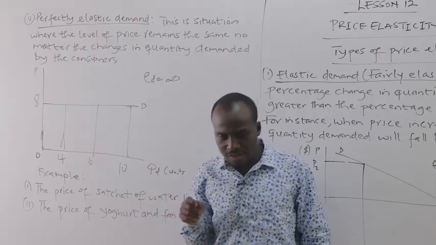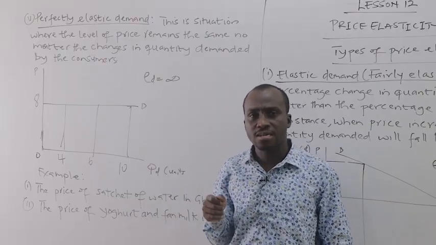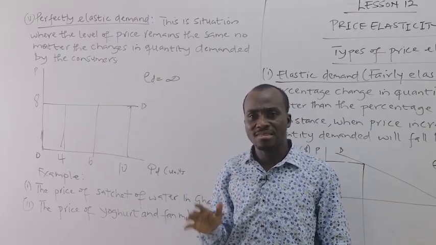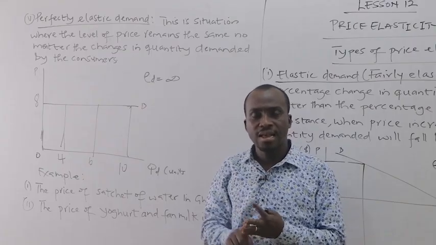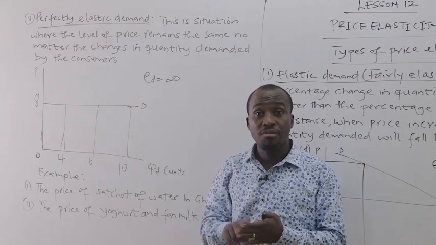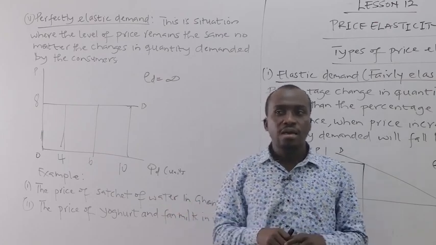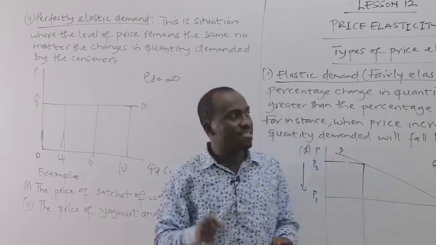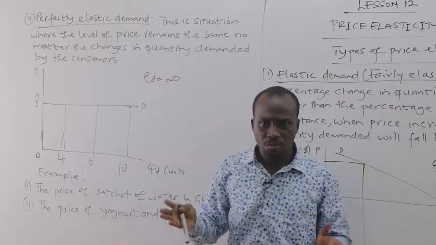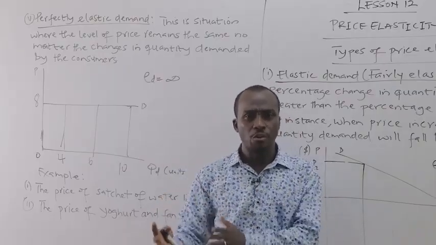Let me reiterate that. I told you about 5 types of elasticity: elastic demand, inelastic demand, unity elastic demand, perfectly inelastic demand, and perfectly elastic demand. Among all these 5, perfectly elastic, perfectly inelastic and unity elastic are extreme forms. Only a few commodities behave that way.